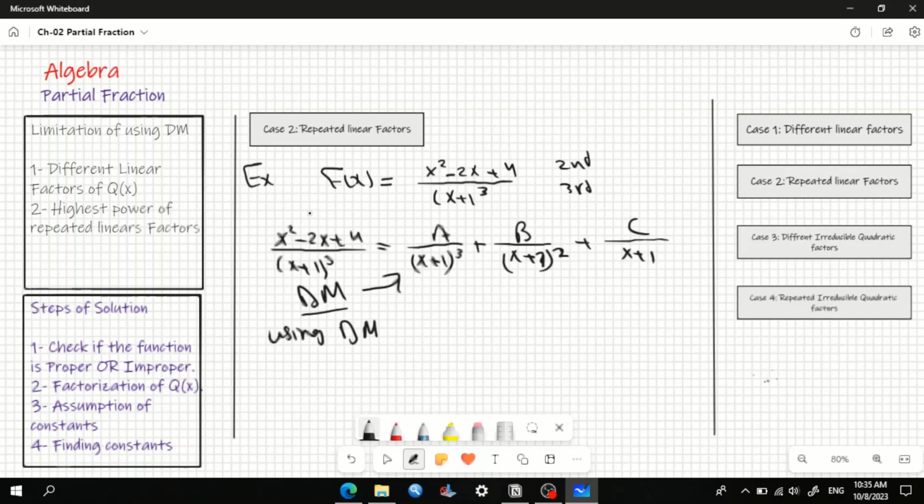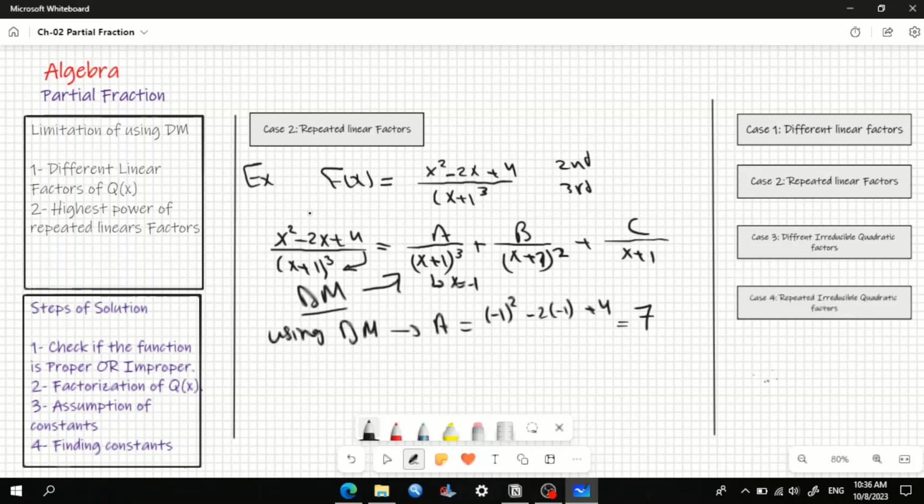So using the direct method, a will be equal to: just hide this denominator from here and substitute with the zero of this bracket, so x equal to -1. So here we have the square of -1, plus 2, plus 4. So a here equals 7.